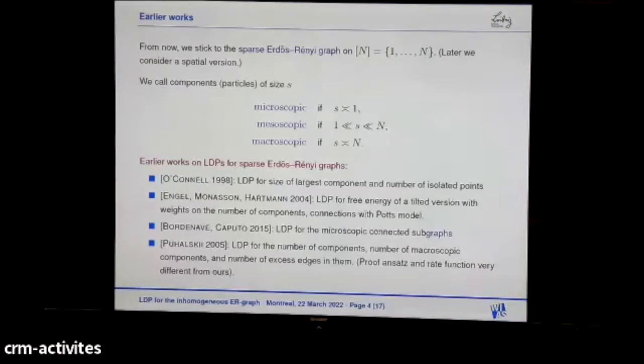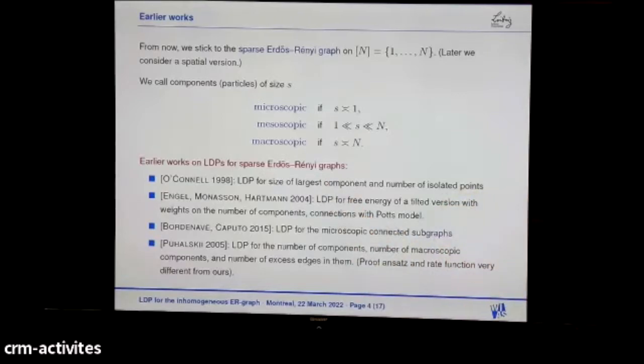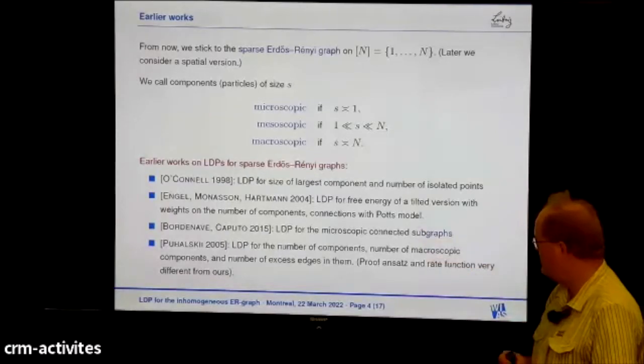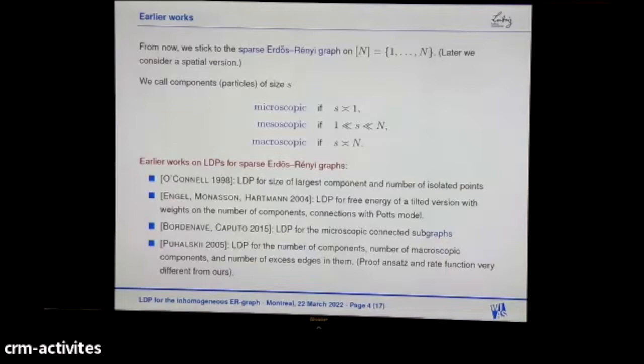Neil O'Connell looked at the size of the largest component, which will be included also in our analysis, and the number of isolated points, which will also be a part of what we are going to show. These 3 authors are more on the statistical mechanics side. They look at the free energy for a tilted version where you give weights to the number of components, and they show some connection to the Potts model.